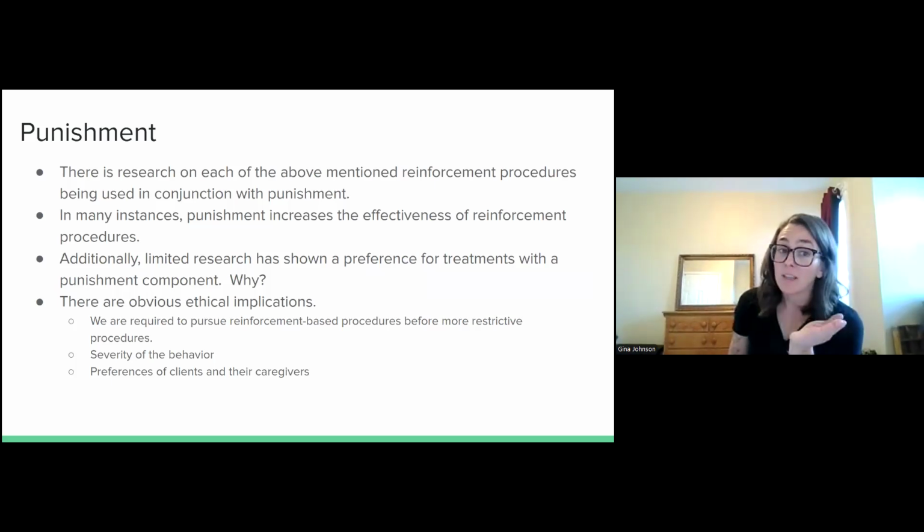But that's where these other things come in too, right? The use of punishment and extinction has been more prevalent with automatically maintained behaviors than any other function of behavior, because they're so hard.